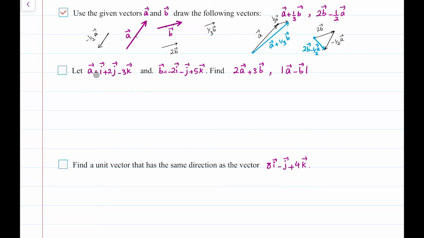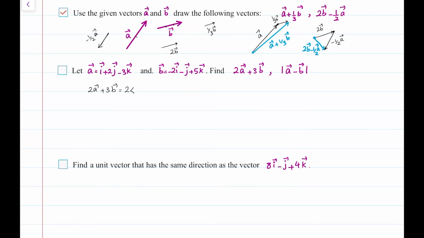Let A be that vector and B this vector. Find 2A plus 3B and the magnitude of A minus B. So this is the component-wise representation of the vectors. So I have 2A plus 3B.